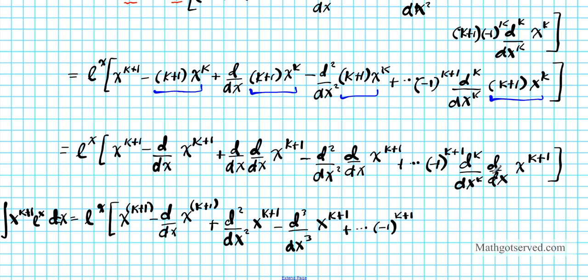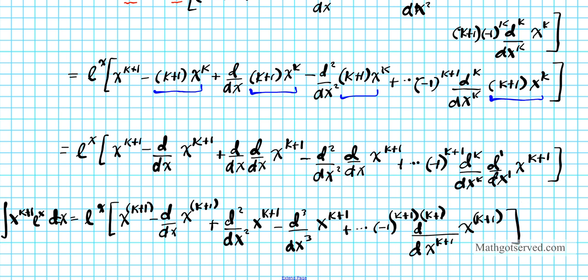And then if you multiply this, this is 1 and this is 1 right here. So using the product property of exponents, we're going to have d to the k plus 1. When you multiply the same bases, you add the exponents. This is a k plus 1 derivative of x to the k plus 1. Okay? Have k plus 1 here, you have k plus 1 here, have k plus 1 here.